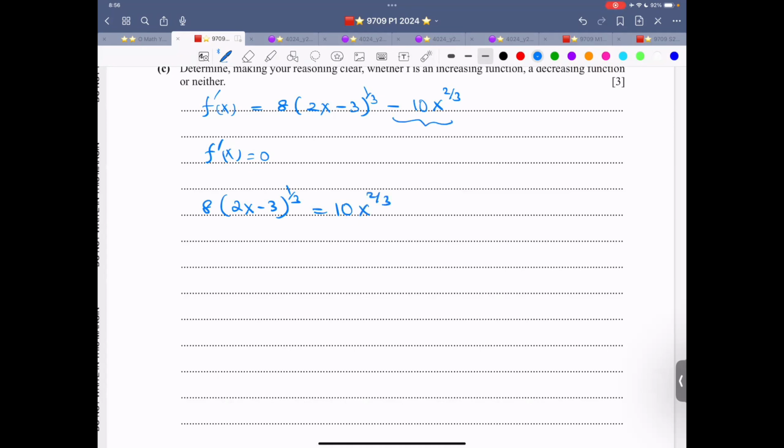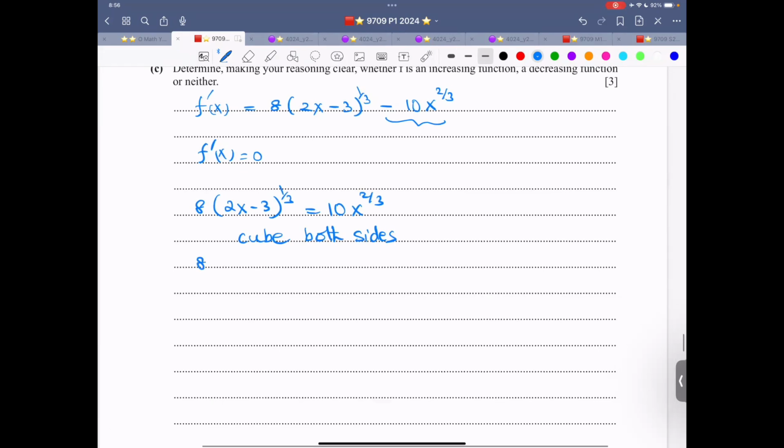I took this to the other side. Now what I can do is get rid of this cube root, so basically cube both sides. If I cube both sides, this is 8 cubed, this is (2x minus 3) to the power of 1/3 raised to the power of 3. This is 10x^(2/3). I can also write it like a bracket, raised to the power of 3.